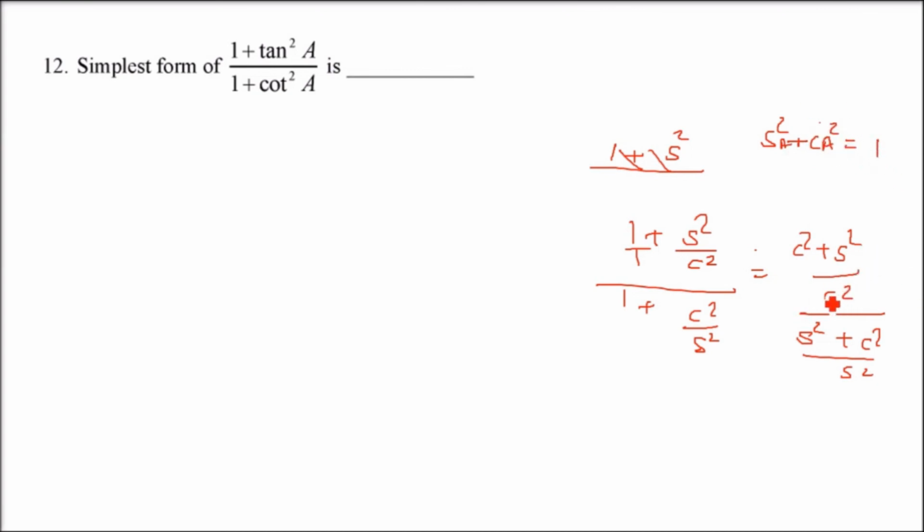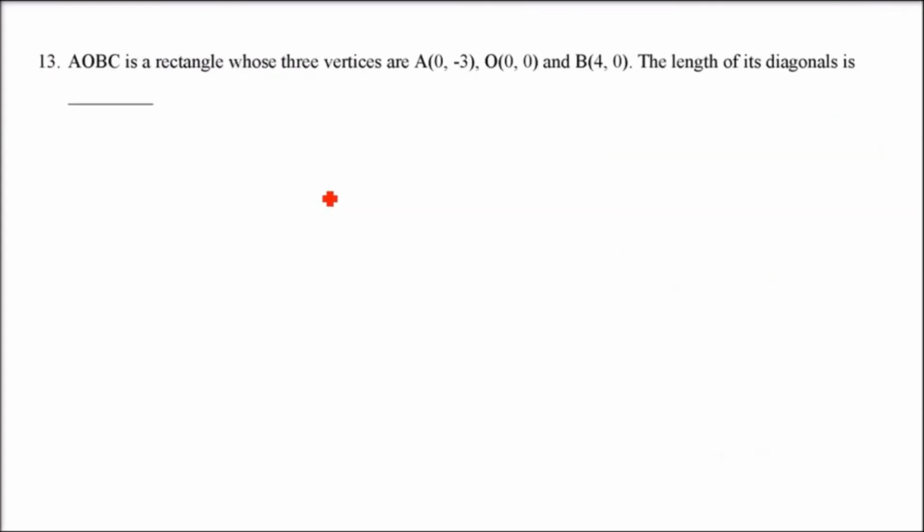Now put it here. What do you get? 1 and 1. So sin² will go up, and it will be sin² A/cos² A, which is tan² A. So the answer is tan² A.